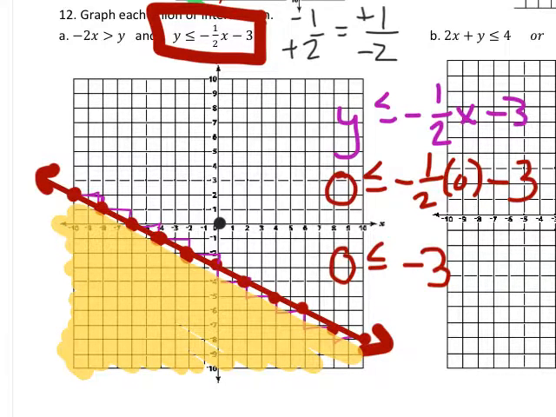Now this other equation, which we can graph here, let's graph it in blue, got negative 2x is greater than y. So to graph this, we can see that it goes through the origin, and the slope is negative 2 over 1. So I'll go down 2 to the right 1, and so forth.